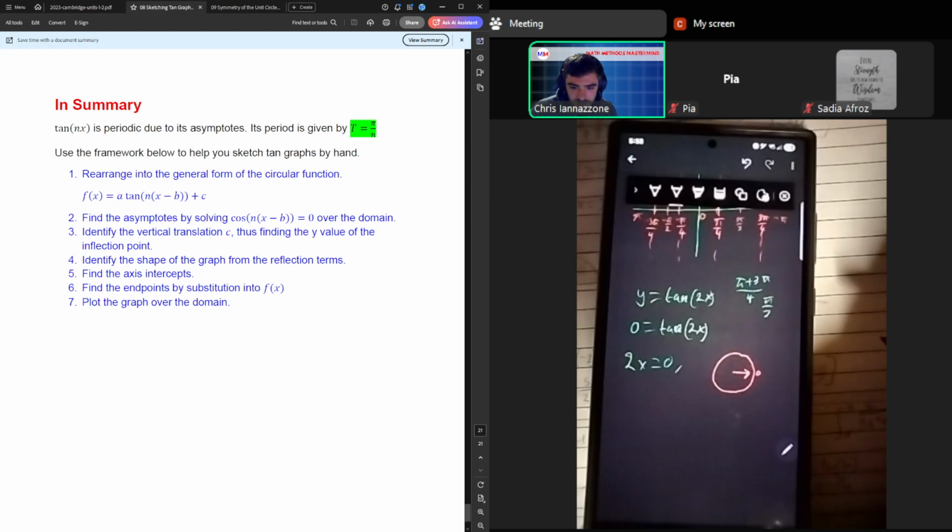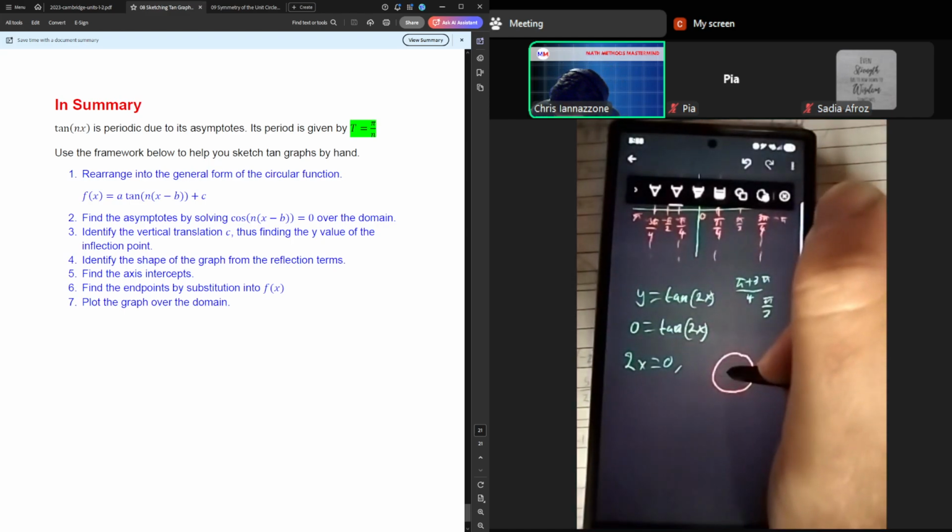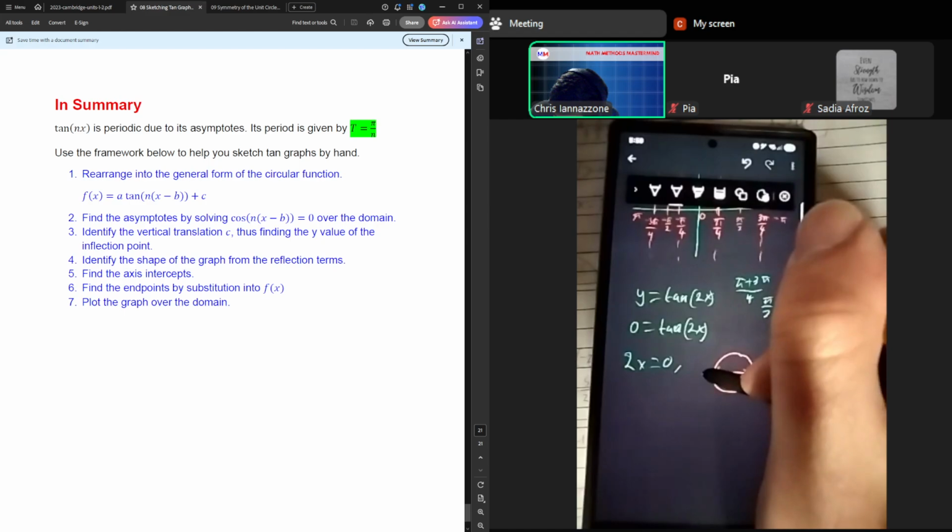That was that one. There's another spot where tan goes to 0. Pi. Yep, that's the other spot on the unit circle, which is good. That's pi.